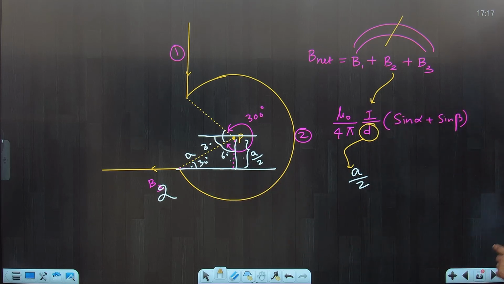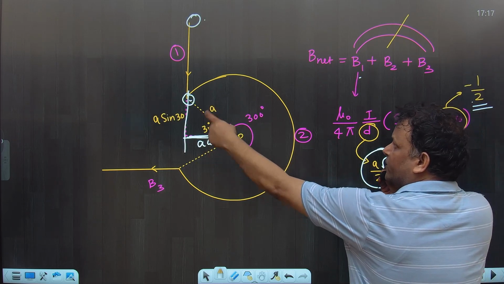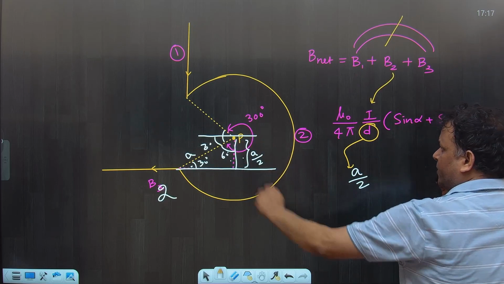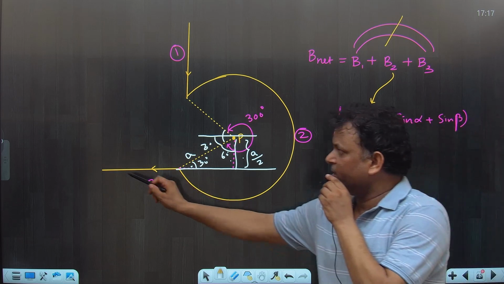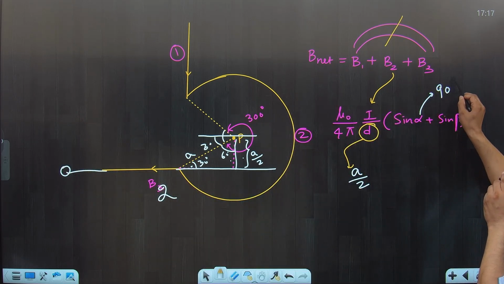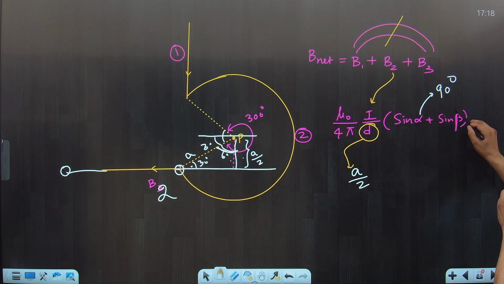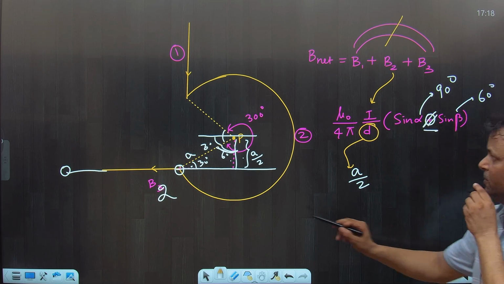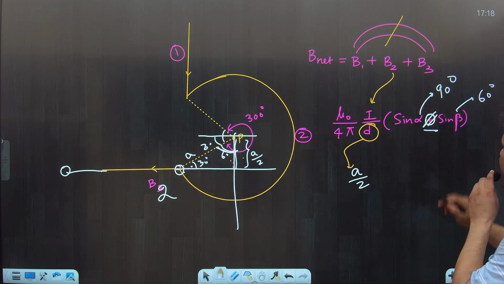You see why they are not equal? Because in the first case, the length of the perpendicular was A cos 30, and in this case, the length of the perpendicular was A sin 30. That's why they are not equal. And this end is making angle 90 degree with the perpendicular and this end is making angle 60 degree with the perpendicular. But you will write minus here because both ends are on the same side of the perpendicular.